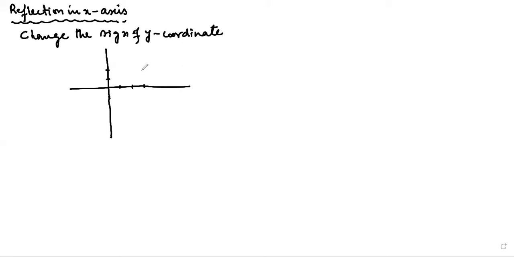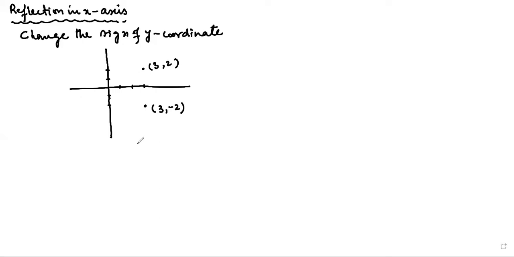If this one is a point 3, 2, when we reflect this point in x-axis, this one is the reflection and the image has the coordinates 3 comma minus 2.